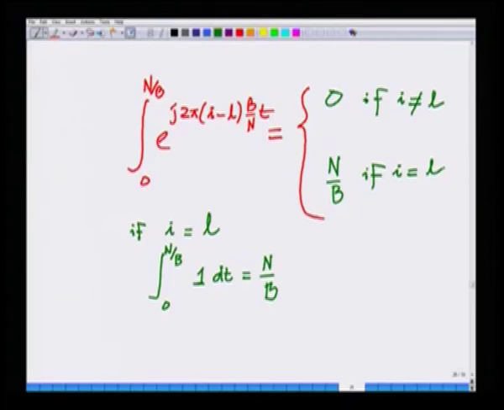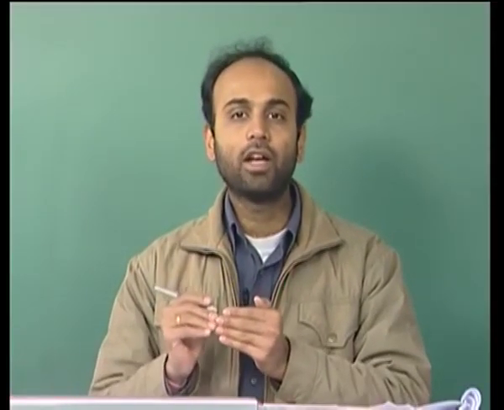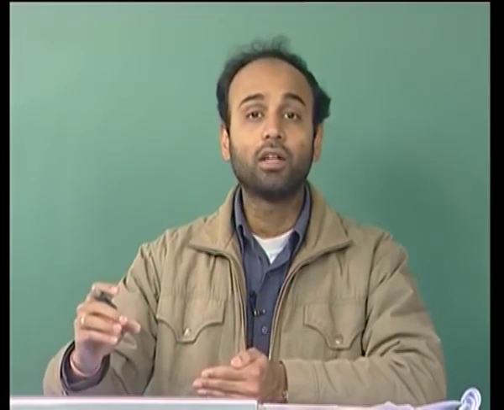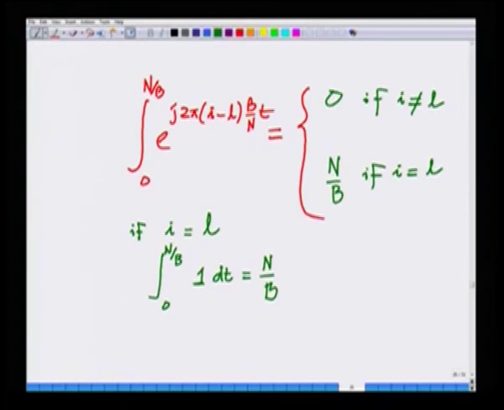Hence, what we are saying is, when I coherently demodulate with the Lth subcarrier, all the other subcarriers are orthogonal to this subcarrier. That is why coherent demodulation results in an output of 0, while only the Lth subcarrier survives. So, this is an important idea. Let me summarize this here.